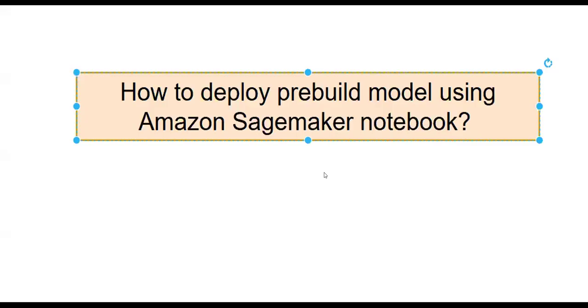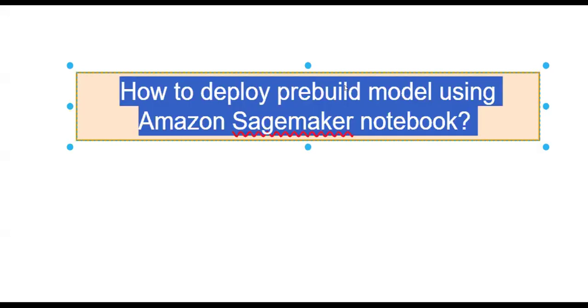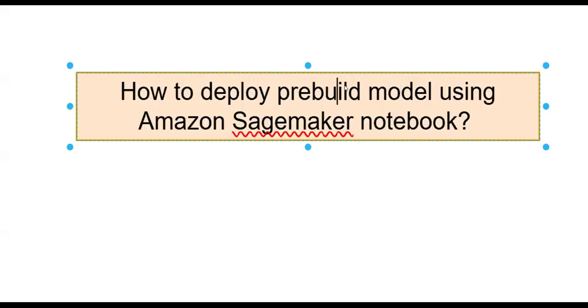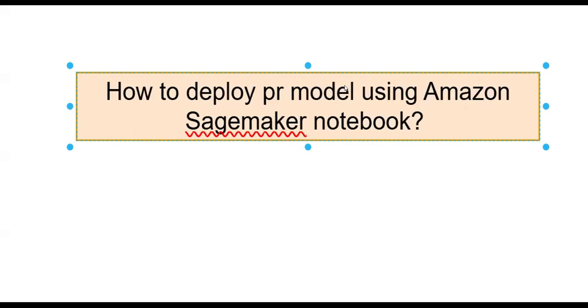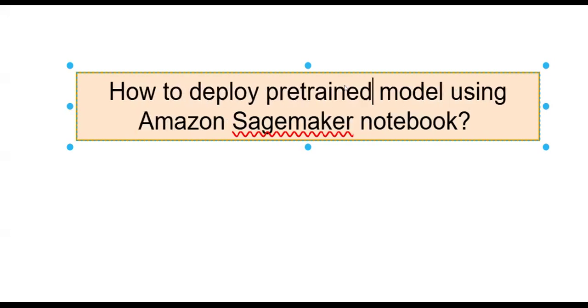Let's say in the market we have multiple pre-built, or you can say pre-trained, models available. Now, in order to use them for my specific application, I need to deploy them.